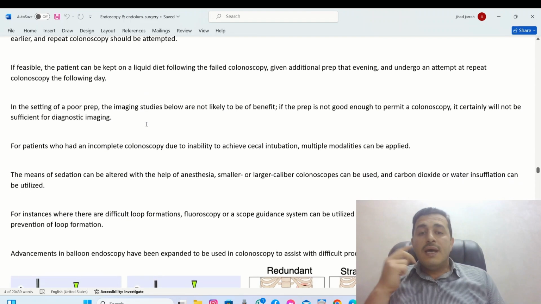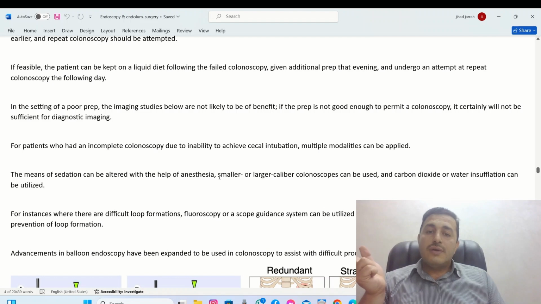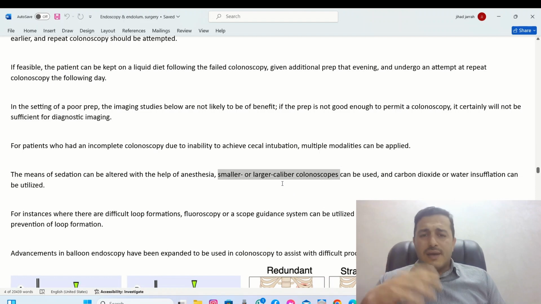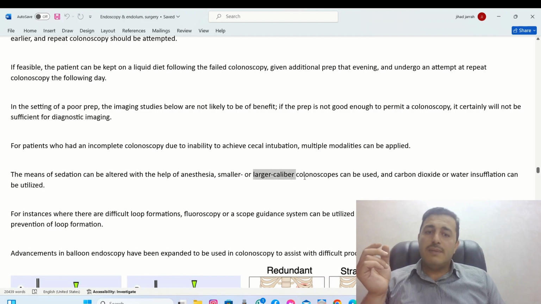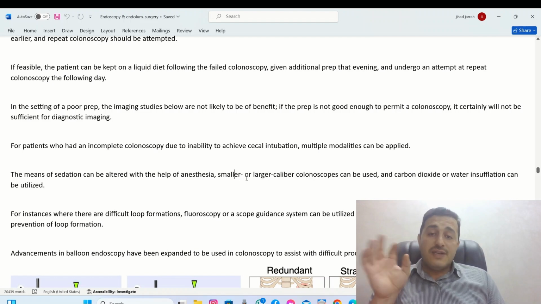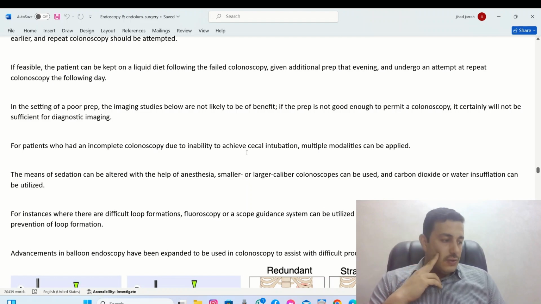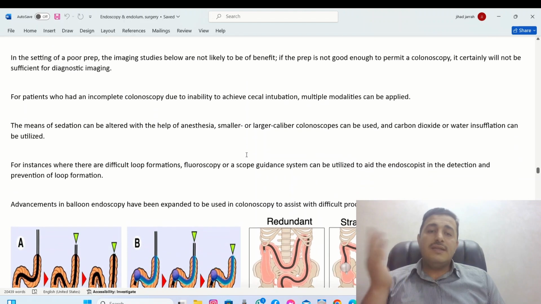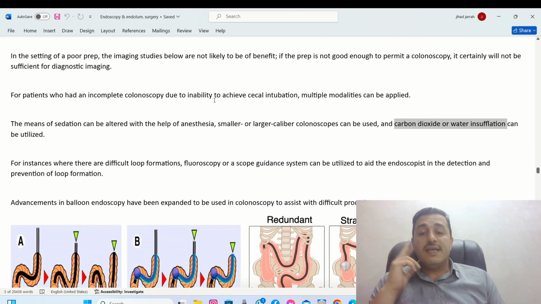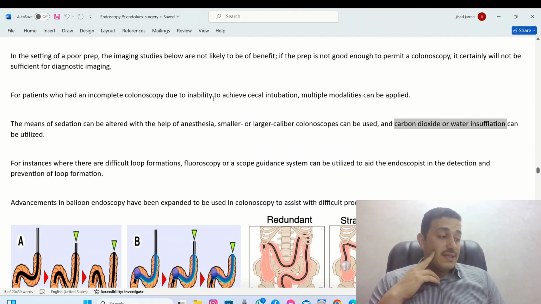We can use a smaller or larger caliber colonoscope. If the looping is extremely flexible, we can use a larger caliber colonoscope. Or if there is obstruction and the lumen is narrow, we can use a smaller colonoscope. Another modality is to use carbon dioxide or water insufflation technique that we discussed previously.